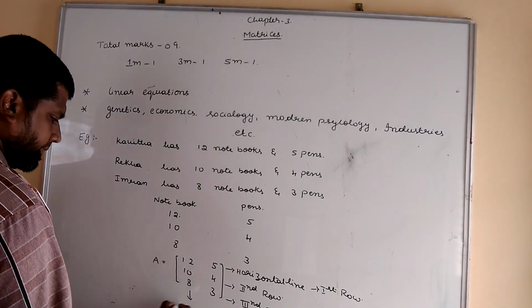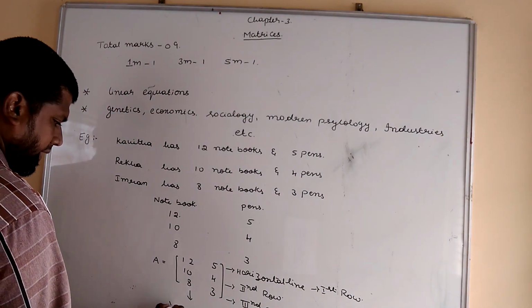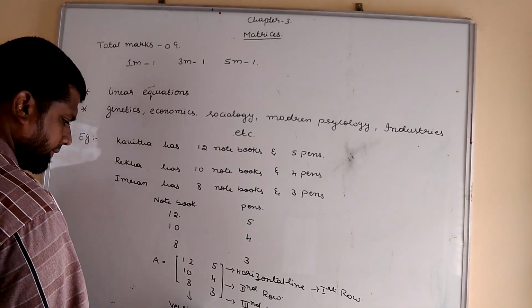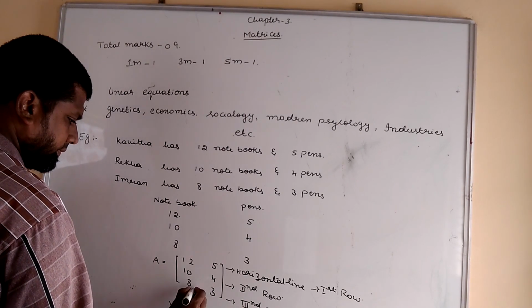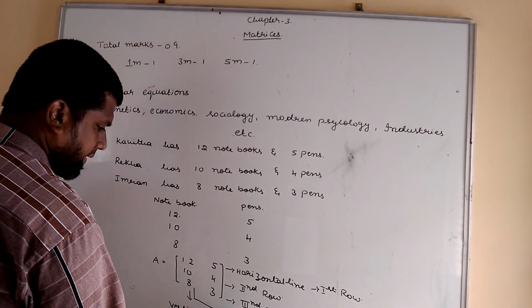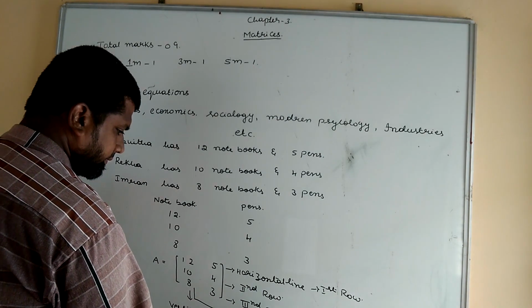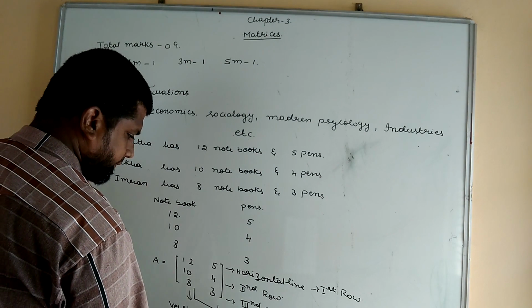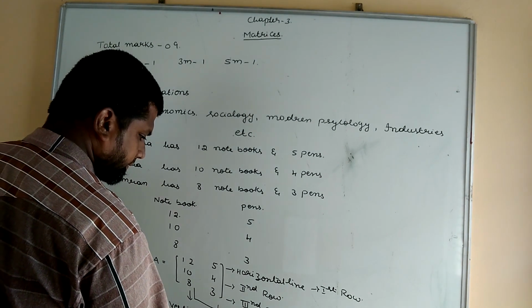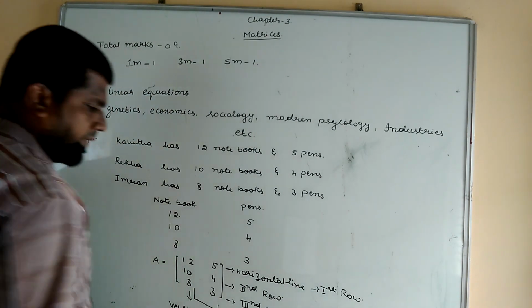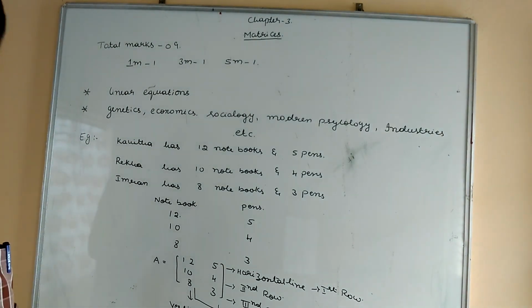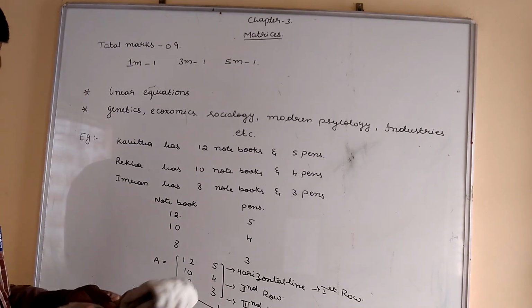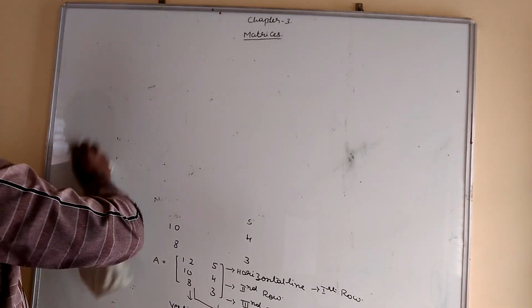So this is a column, vertical line. First column, second column. So from this example we can define the definition of matrix.